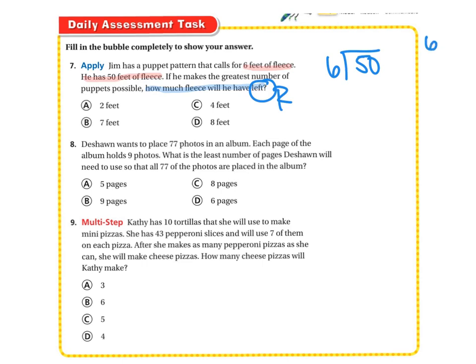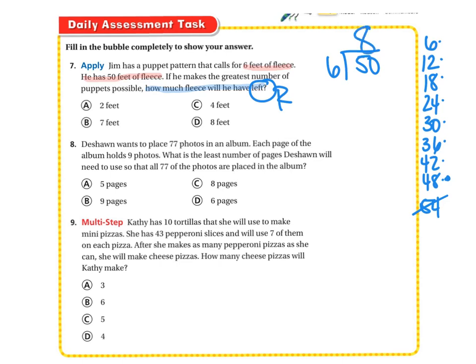Multiples of 6, we've got 6, 12, 18, 24, 30, 36, 42, 48, and then you would have 54. Well, 54 is too big because it's bigger than 50, which is our dividend. So that one's out. The closest thing that we can do here to get to 50 is this 48. So we need to see how many times you multiplied here to get to that. So we've got 1, 2, 3, 4, 5, 6, 7, 8.